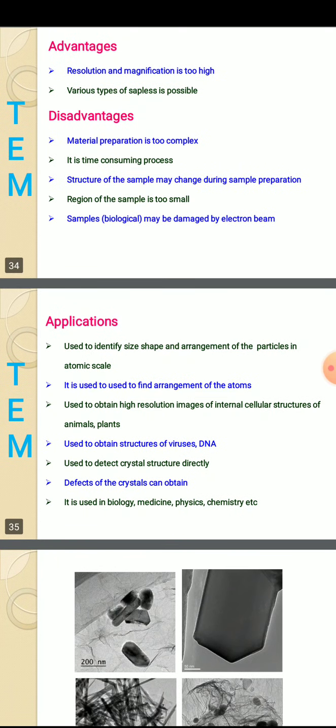Applications: it is used to identify the size and shape of the particles, the arrangement of particles, and to find the arrangement of atoms. It gives highly resolved images of internal cellular structures of animals and plants.